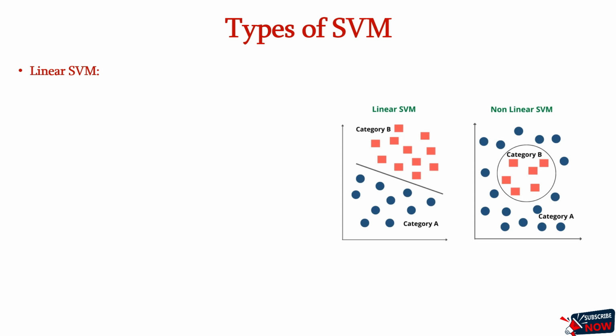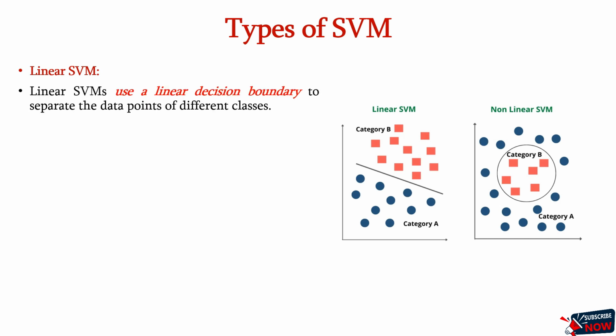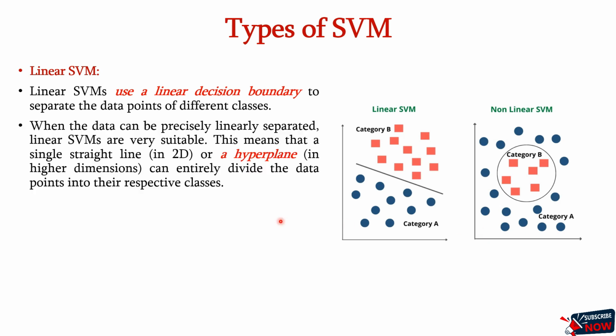Now let us see the types of SVM. We have two types of SVM, namely linear SVM and non-linear SVM. Linear SVM uses a linear decision boundary to separate the data points of different classes. So if we are able to separate the two different classes with a straight line or hyperplane, then it is called as a linear SVM.